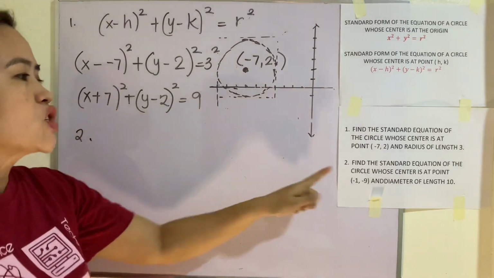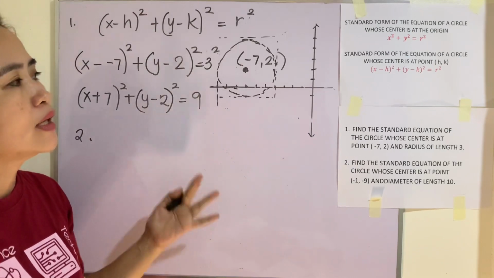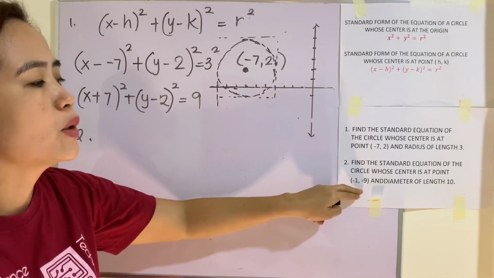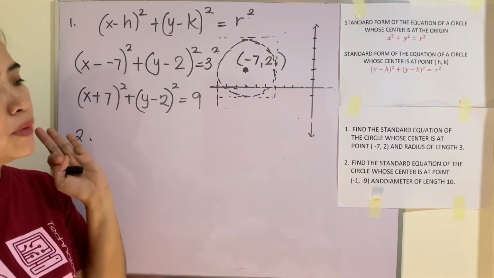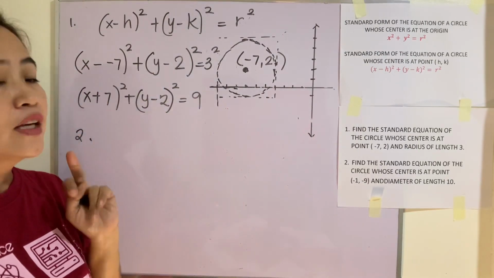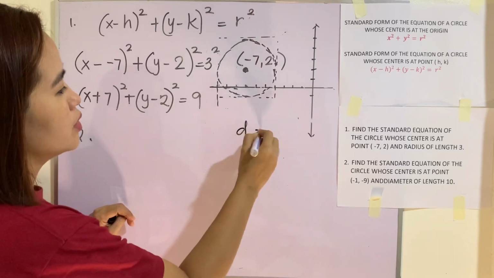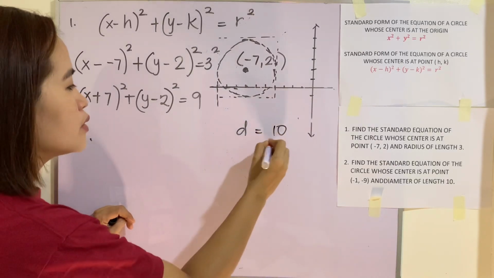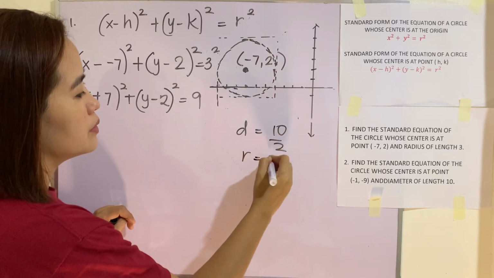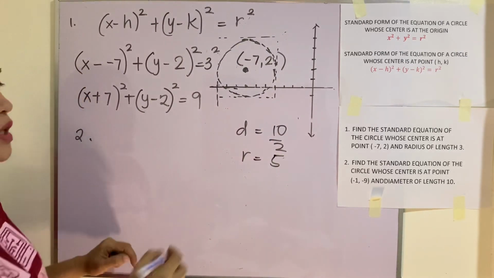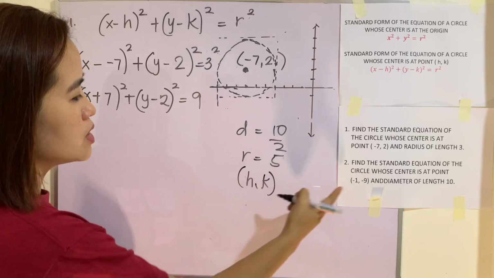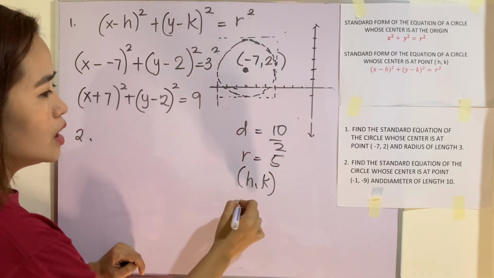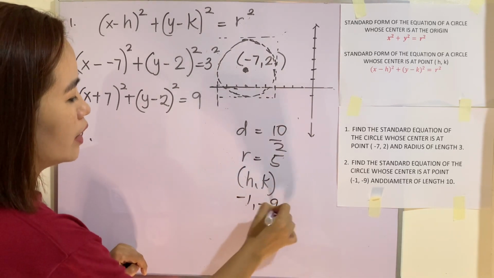I will not be illustrating this anymore because you know already how to locate this point. This one is the center, and the diameter is length 10. Meaning, your diameter is 10, you divide it by 2 to get the radius, and the radius is 5. Your center is (h, k), because your center is not at the origin. This is (-1, -9).